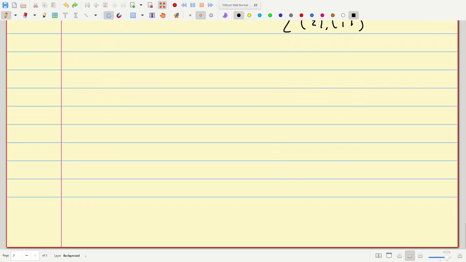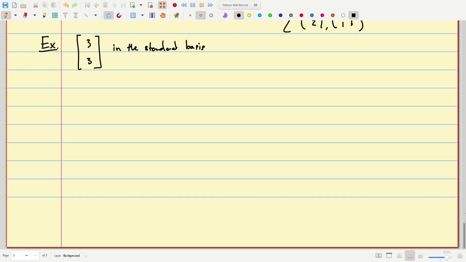Now let's do an example here. Say I have the vector (3, 3). And we think about this vector (3, 3) as being written in the standard basis. Okay?